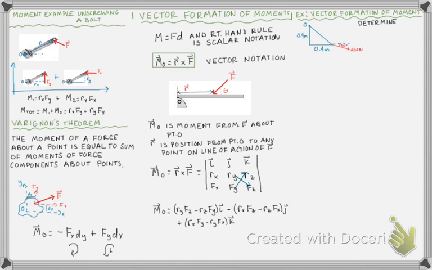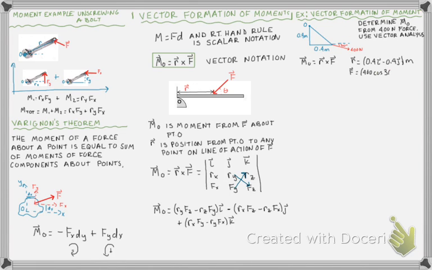So we would like to determine the moment from that 400 newton force about point O, and we're going to use the vector analysis. So M_O is going to be R cross F, and in this case my position vector is 0.4i minus 0.4j. So what that means is to get from O to the force, I need to go over in the positive direction 0.4 meters in the x direction, and then down 0.4 meters in the y direction.